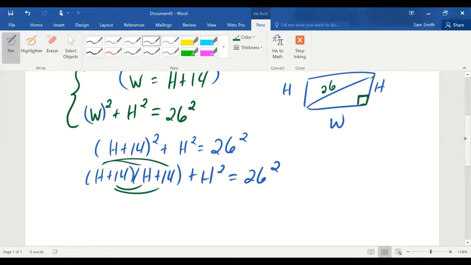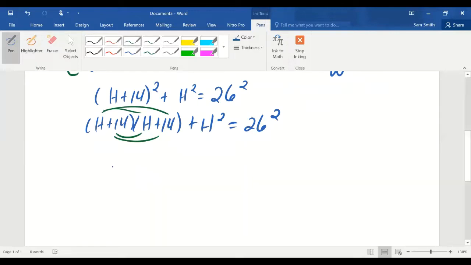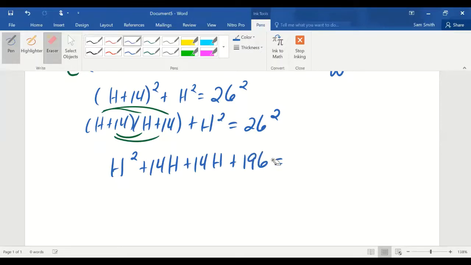distribute that. H times h is h squared. 14 times h. 14 times h. 14 times 14. Then I can't forget the h squared from the back and the 26 squared on the far side of the equation.